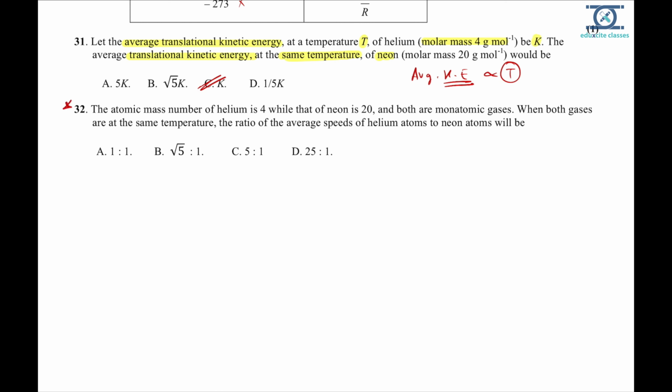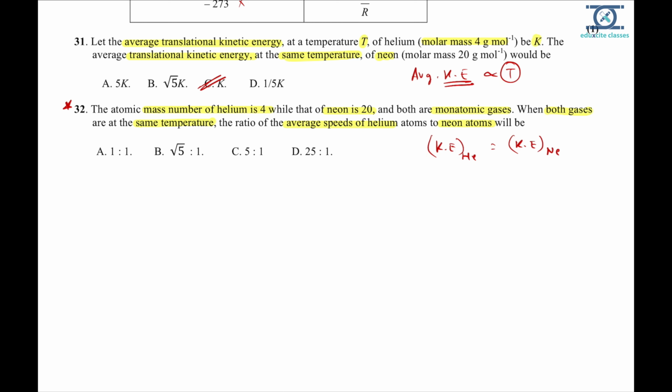But now in question number 32, read the question carefully. The atomic masses of helium and neon are given, and both are monoatomic gases at the same temperature. Same temperature means the kinetic energy of helium will be equal to the kinetic energy of neon, as we discussed above. Now read the question. It is asking for the ratio of the average speed of a helium atom to a neon atom.